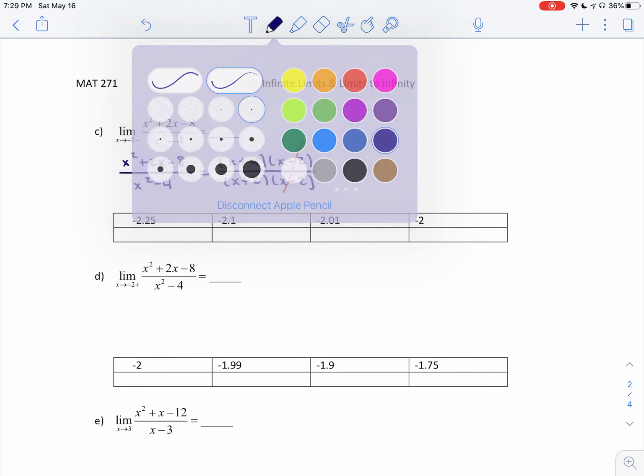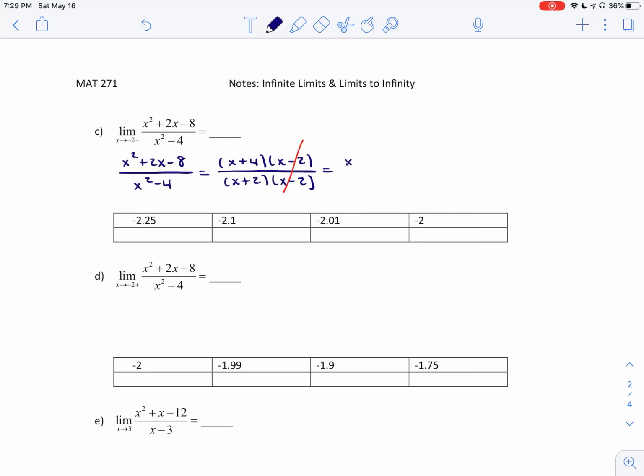That can cancel out, which leaves us with x plus 4 over x plus 2. Now in this case, the only value we actually care about is x equals negative 2, more specifically around x equals negative 2. And we can see from our simplified function that we're going to have a vertical asymptote at x equals negative 2.